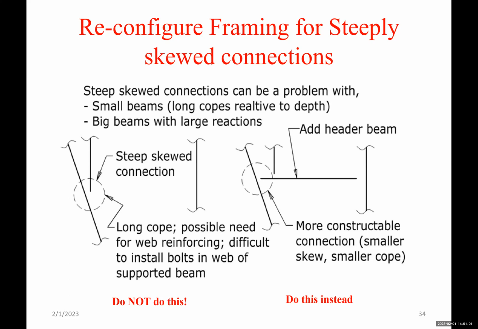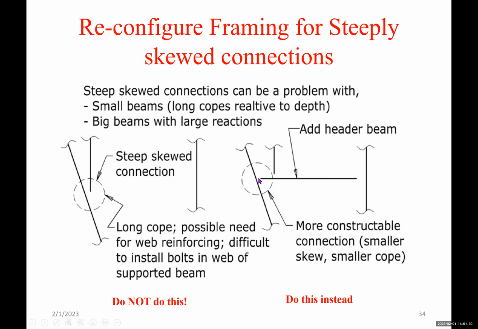Reconfigure framing for steeply skewed connection. Okay, check the framing. I mean, maybe change it, if you have steeply skewed members. So here you have, for example, instead of having 2 steeply skewed elements coming in a configuration like this on the left, okay, a steep skewed connection like this, maybe you can use something like that.